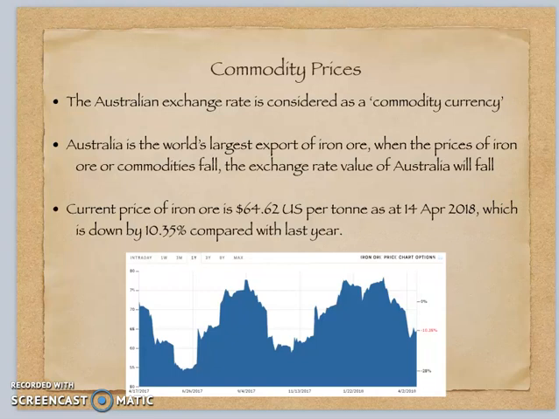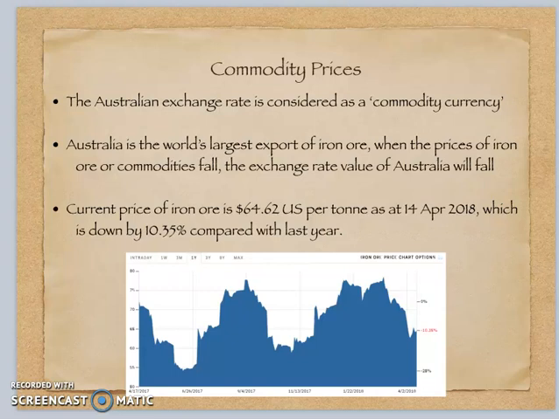However, if the price of commodity increases, the exports become more expensive as well. Let's move to this slide. Australia is the worldwide largest exporter of iron ore. When the price of iron ore or commodities decreases, the exchange rate value of Australia will fall.